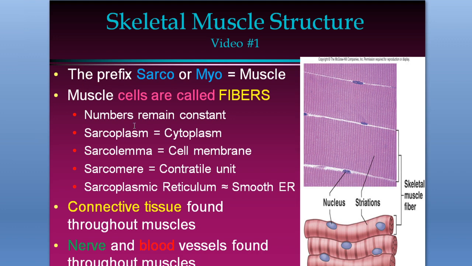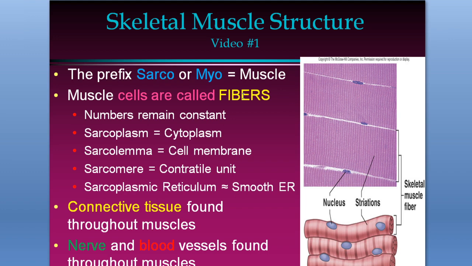So look at this slide right here where it says muscle cells are called fibers. Muscle cells are not actually called cells because they are fused cells that develop when we're an embryo. So when we are an embryo, we make a bunch of muscle cells.